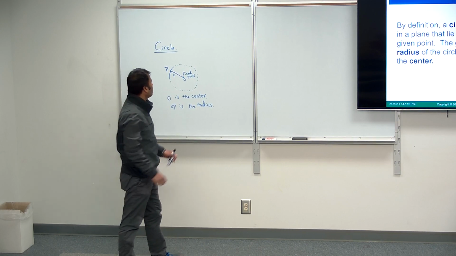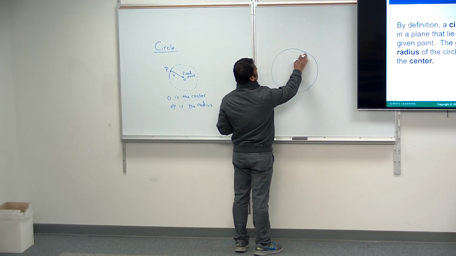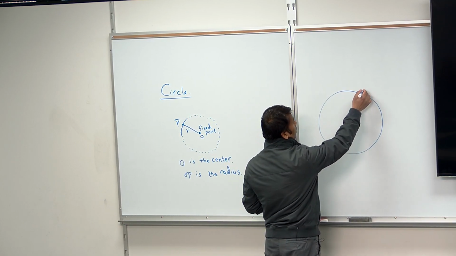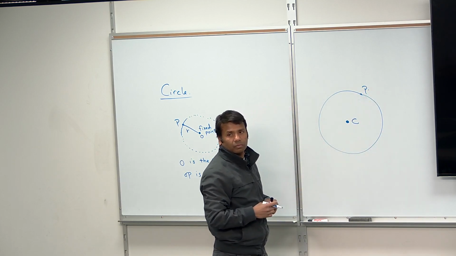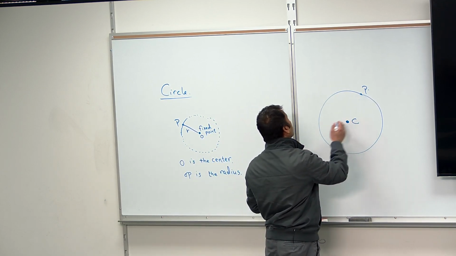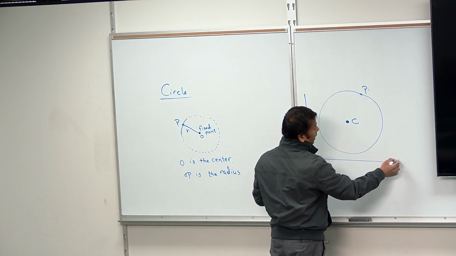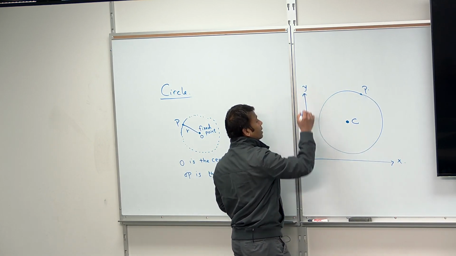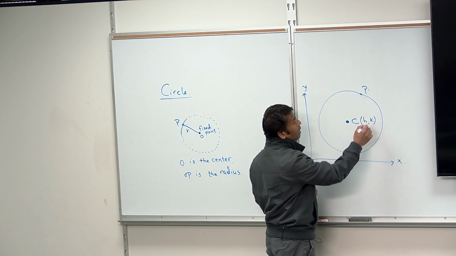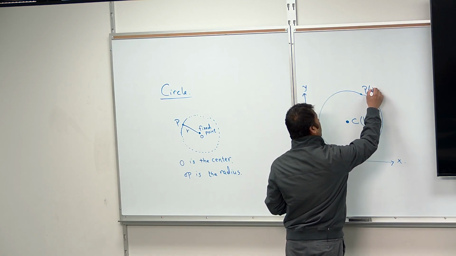That makes sense, right? So now you have a center here, let's say C, and this is the point P. This is your x-axis, and this is your y-axis. Let's say the coordinate of the point C, the center of the circle, is h comma k, and you have a given point x comma y.